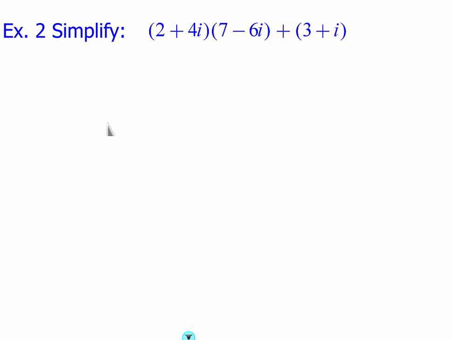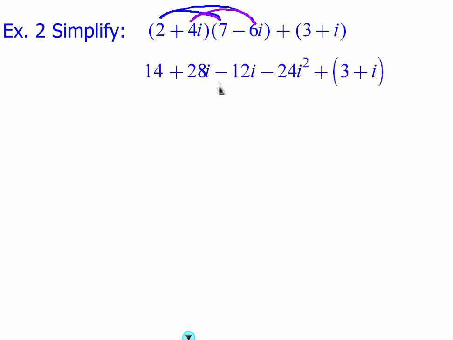So let's do one more example together. If I take a look at this one, my first step to do this problem is to distribute: 2 times 7, 2 times negative 6i, also 4i times 7, and 4i times negative 6i.